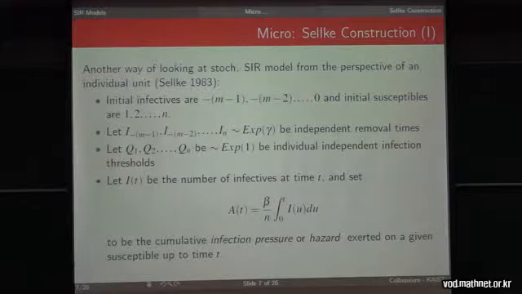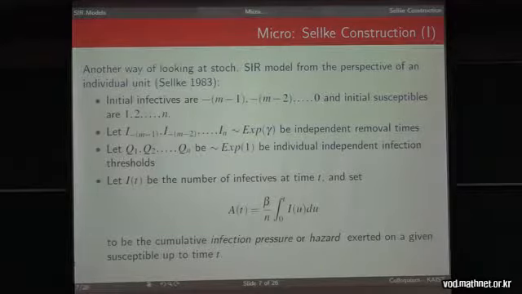The negative labels mean that I have at time 0 these individuals who are in the infectious state. Otherwise I would have trivial dynamics because I would have no infection. If I have no infection, this first Poisson process would have rate 0 and there wouldn't be anything interesting. Negative m-1 up to 0 means there are initially m.